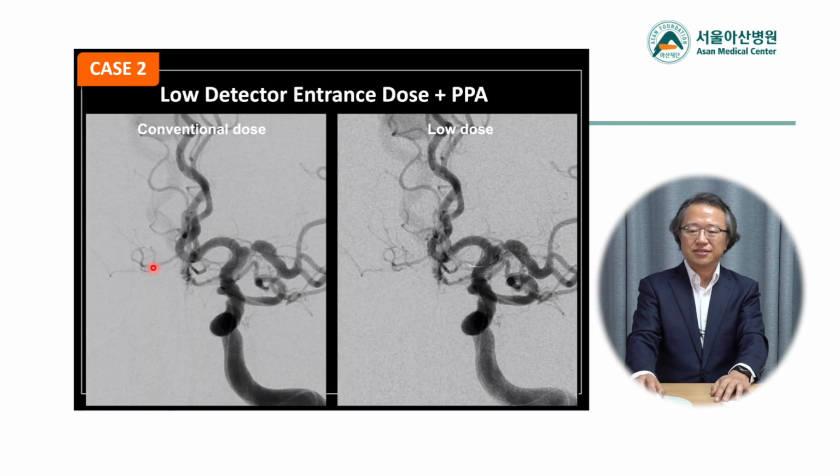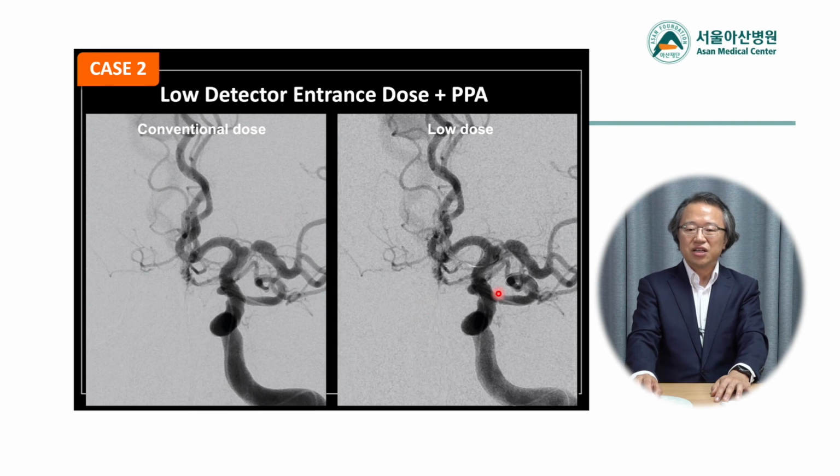See this case, and the images were obtained within the same session, conventional and low dose. You can check out the grainy and noisy image here. However, the image was obtained with just 1/3 of the conventional dose, just 1/3.